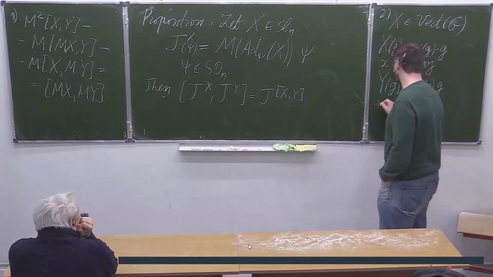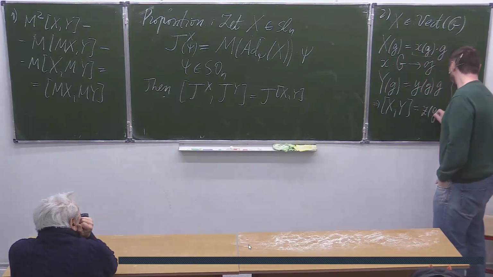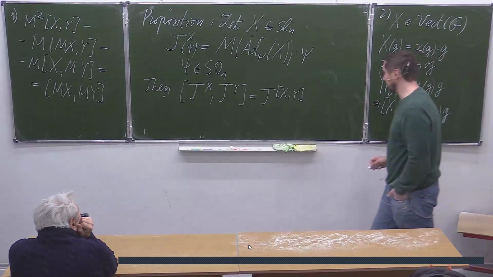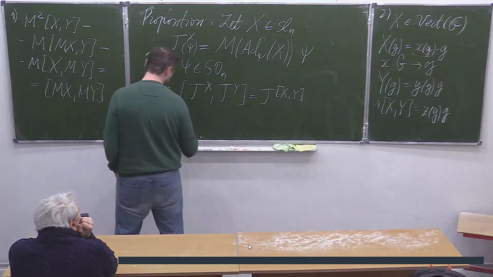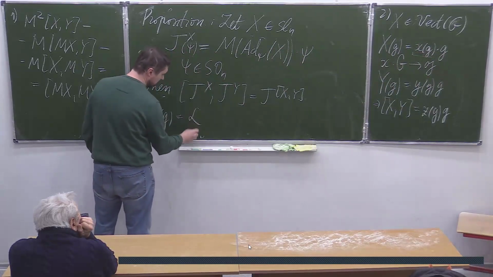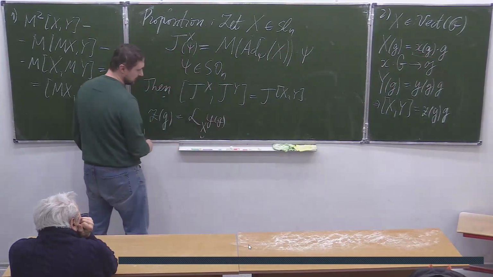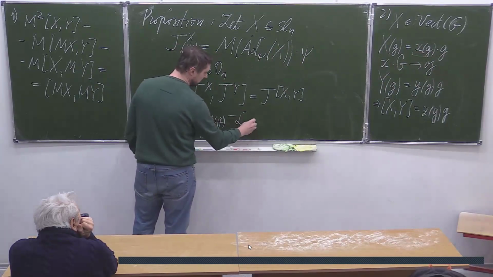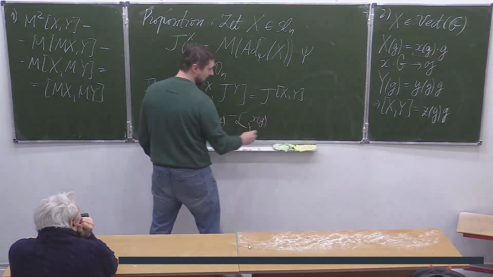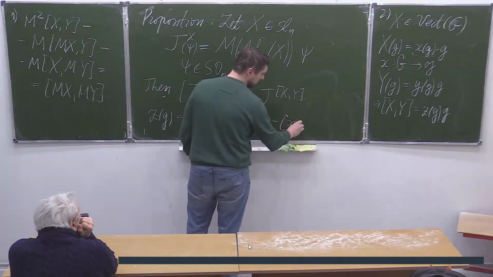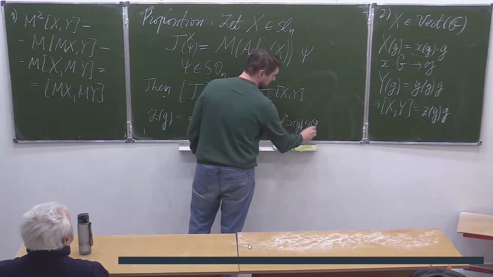Then the commutator of X and Y is given by z of G times G, where z of G is the combination of the Lie derivative of y of G with respect to the vector field X, minus the Lie derivative of x of G along the vector field Y, minus the commutator of x of G and y of G in the Lie algebra.